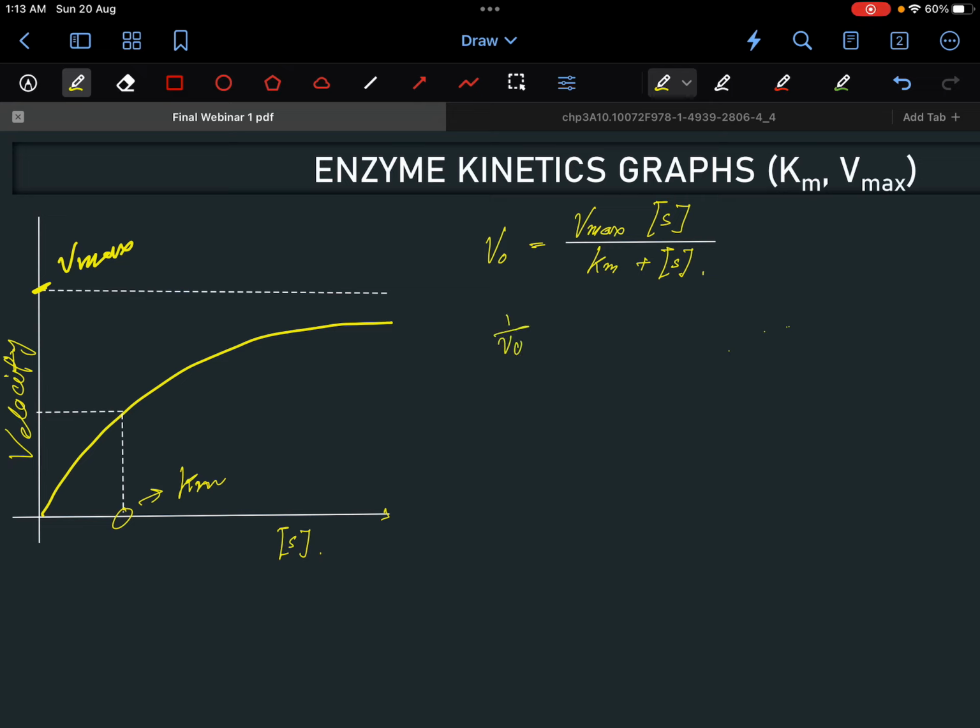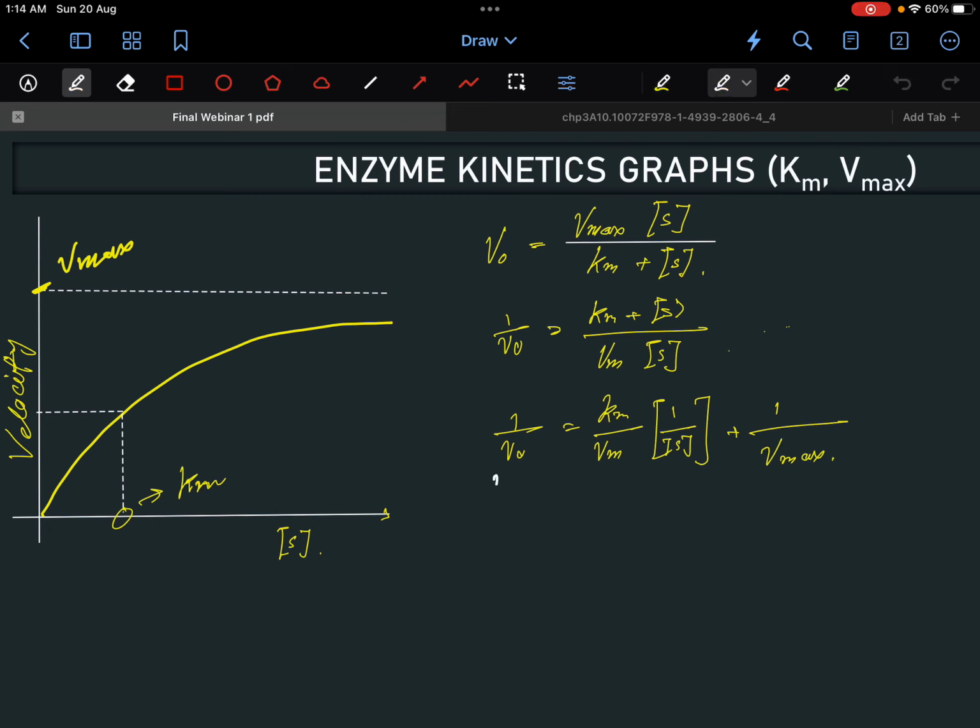1 by V0 is equal to Km plus S by Vmax. I will just write Vm to save time. Vm by S, right? So 1 by V0 equal to, if we divide both Km and S by Vmax by S, it will become Km by Vmax into 1 by substrate concentration, plus 1 by Vmax.